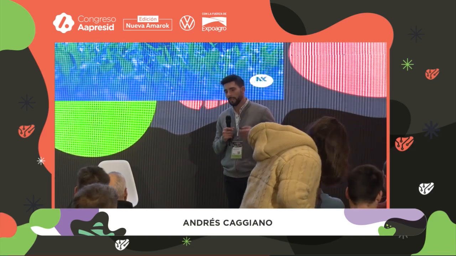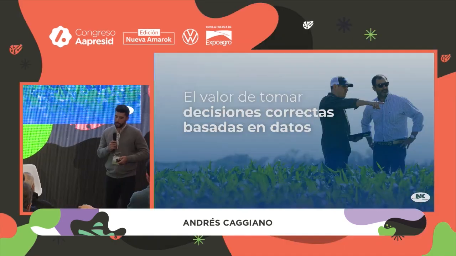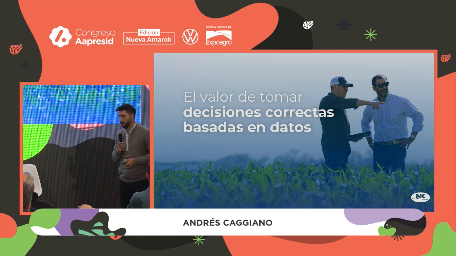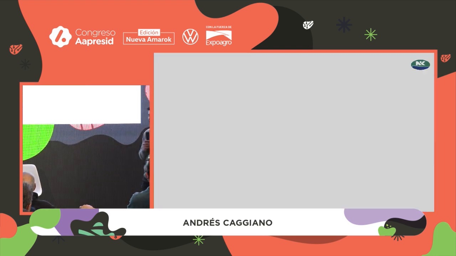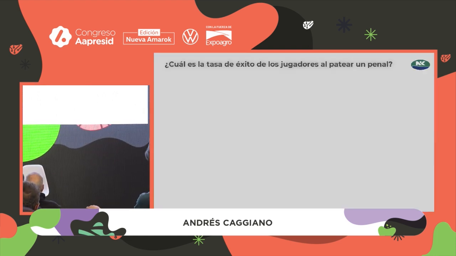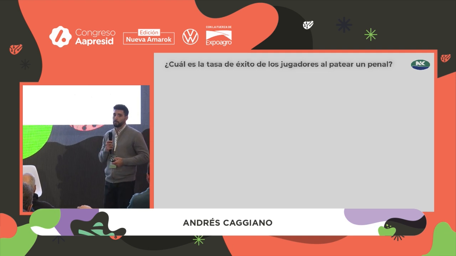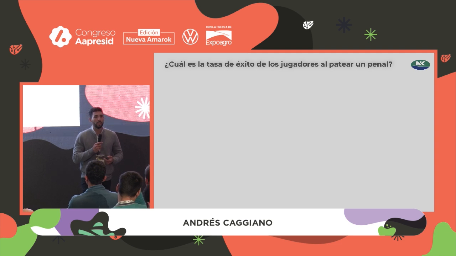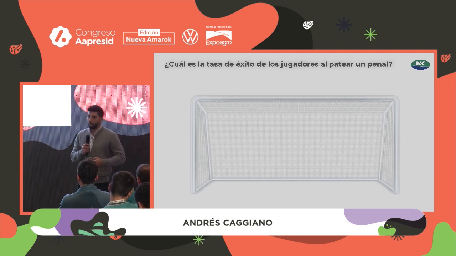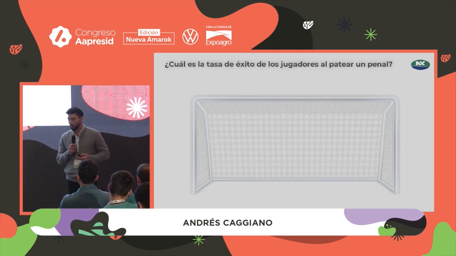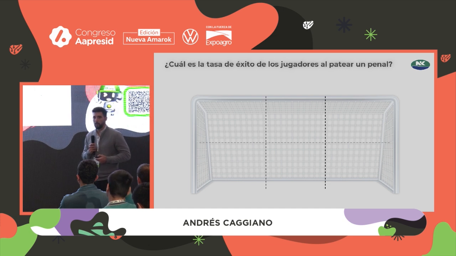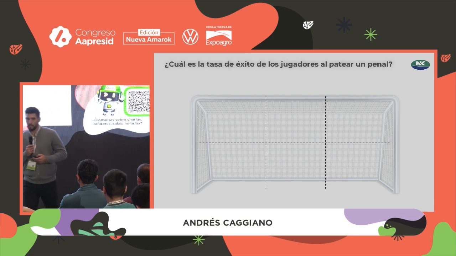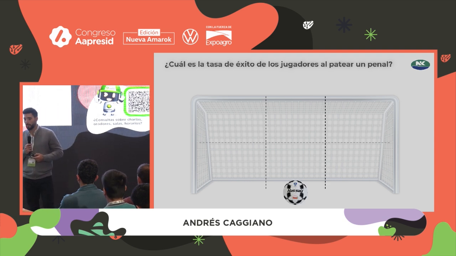I like soccer, and I am a sports fan, so I have been thinking about an analogy with a penalty kick at the end of a match. For instance, what is the success rate that a soccer player can have when shooting a penalty shot? Let's suppose we have this goal and we can divide it into 6 quadrants.